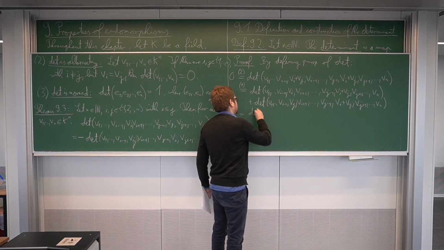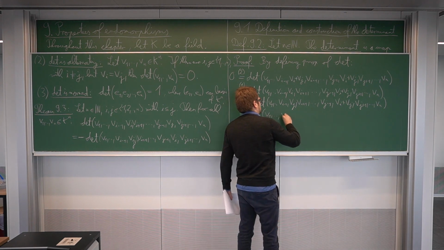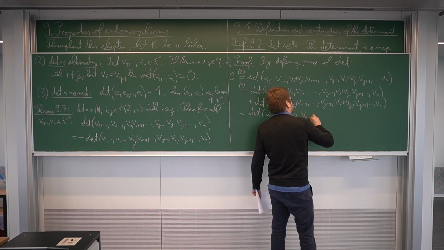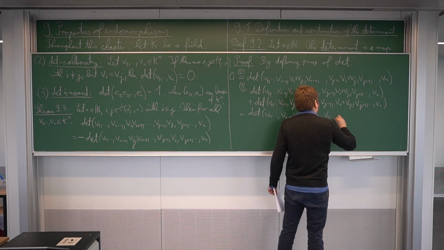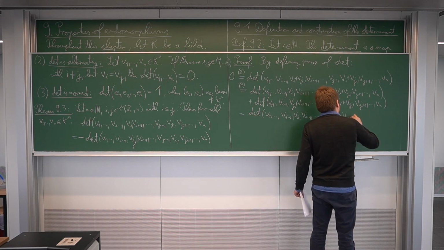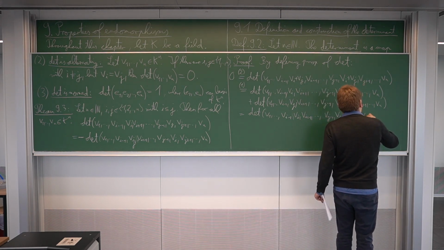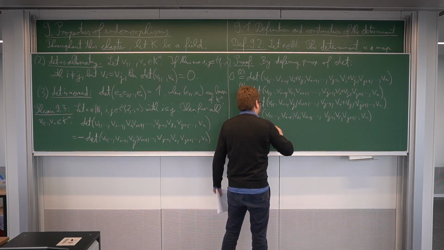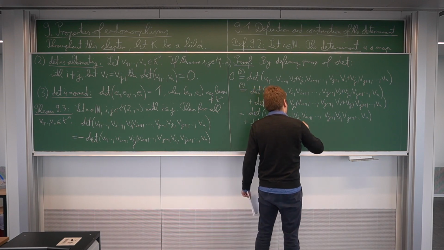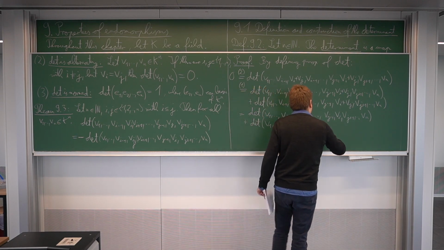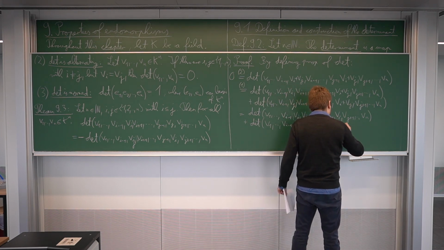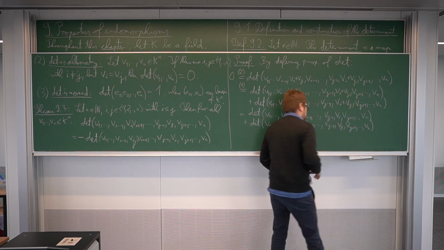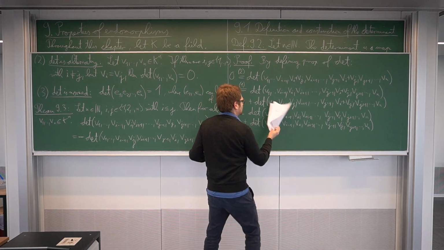First of all, from the first one we get the determinant of v1 to vi minus 1, vi plus 1, vj minus 1, vj plus 1 to vn, plus the determinant of v1 to vi minus 1, vi plus 1, vj minus 1, vj plus 1 to vn. This was expanding this one.